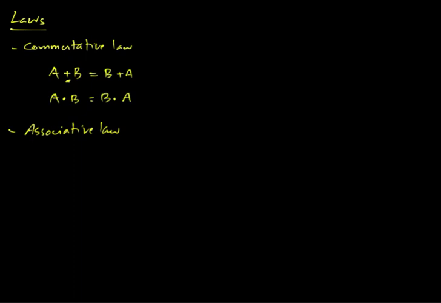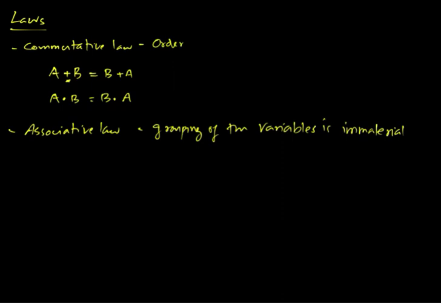Here the grouping of the variables is immaterial. In the case of the commutative law, the order is immaterial; in the case of the associative law, the grouping of the variables is immaterial.